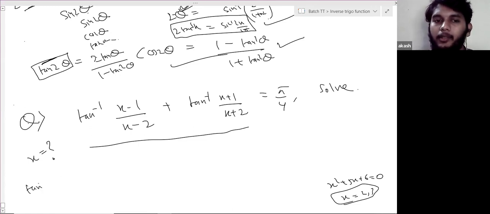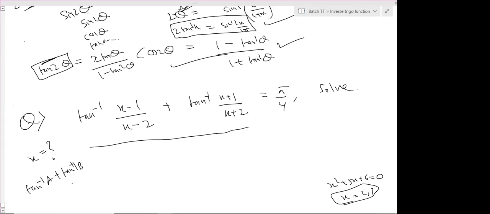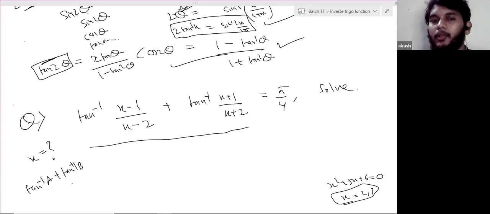Can we use tan inverse A plus tan inverse B? Yes or no? Maybe, sir. Right? See, there is no other way. What else we can do? Nothing. Right, Aman? So this is the way to go.